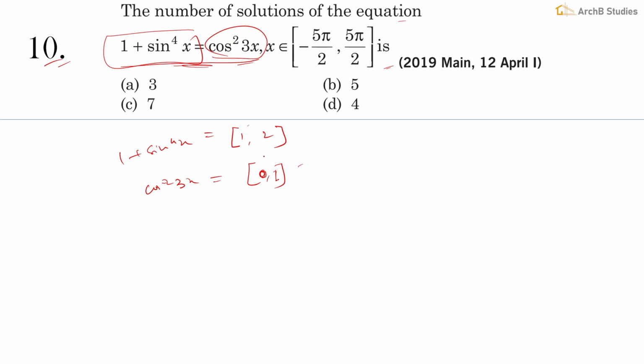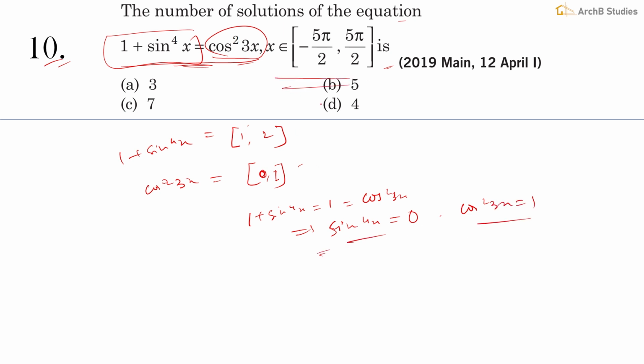So 1 plus sine to the power 4x equal to 1 equal to cos square 3x. This means that sine 4x equal to 0 and cos 3x equal to 0.